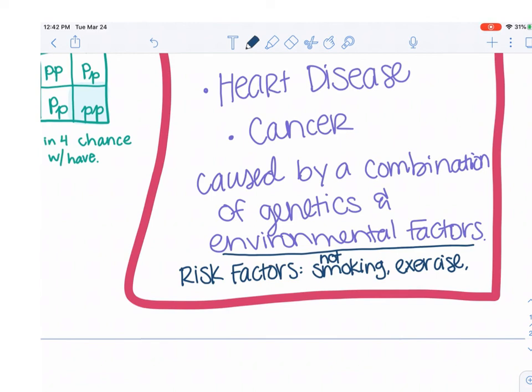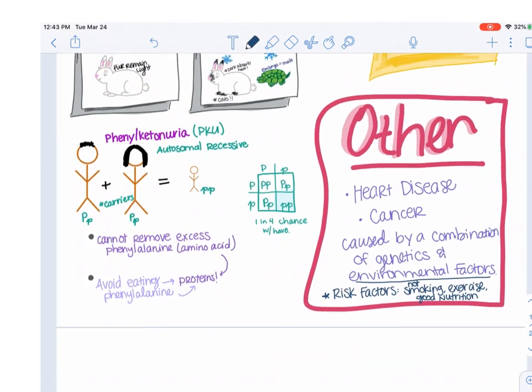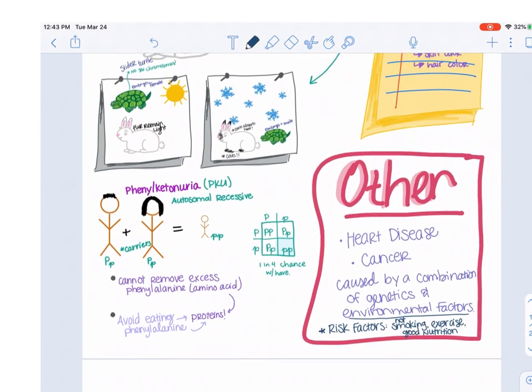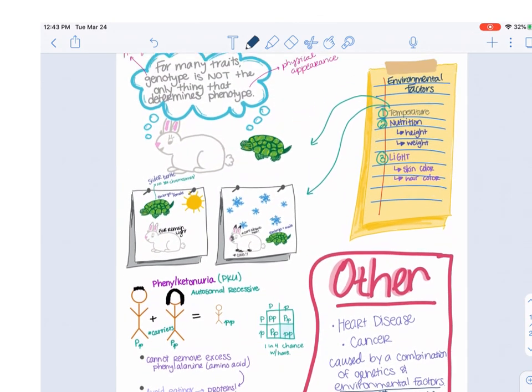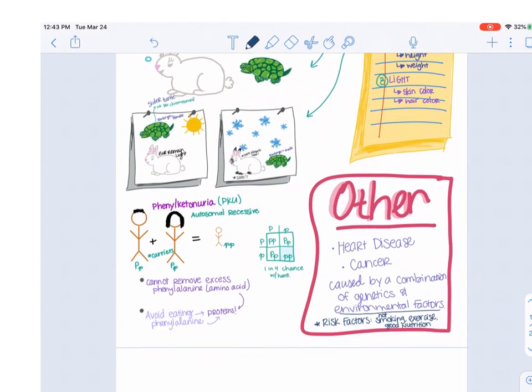We're going to make good nutrition decisions, limit salt and lots of sugar, things like that. So we can control our risk factors, prevent heart disease or cancer, even if it runs in our family. So there we go. The environmental factors that affect our phenotype, even when our genotype is not changed.